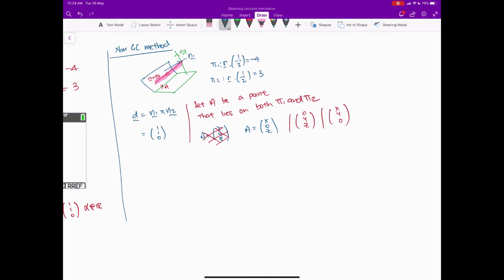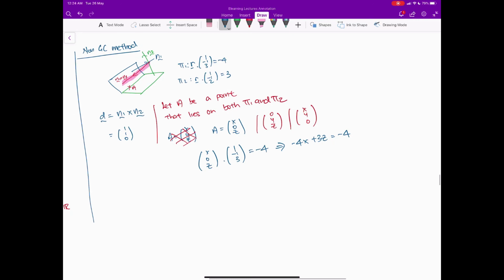Assuming I'm going to use the first one, I take x, 0, z dot with 1, -1, 3, which is my first plane equation, and I get -4. From here, I derive x plus 3z equal to -4. That's my first equation. If I sub into my second plane, dot with 1, -2, 2, I will get 3. From here, I derive x plus 2z equal to 3.